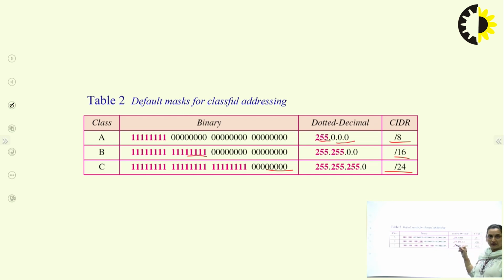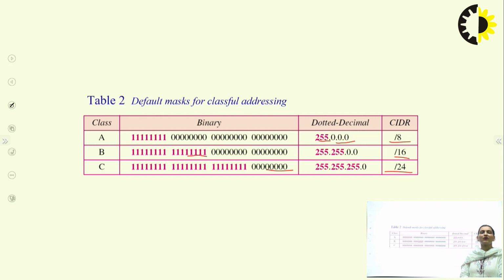255.0.0.0 for class A. If we assign any IP to any computer or router, it will give a default subnet mask. If we belong to class A, it will make the first 8 bits ones and then 24 zeros.